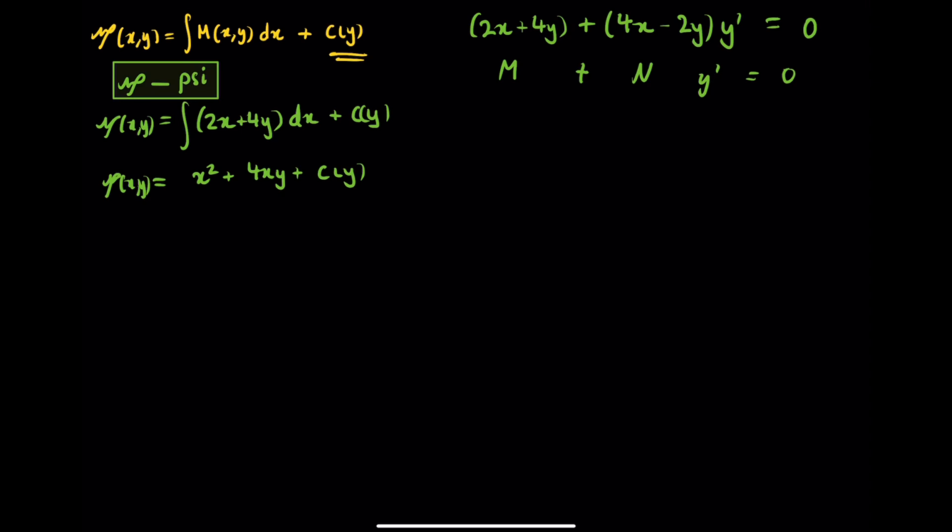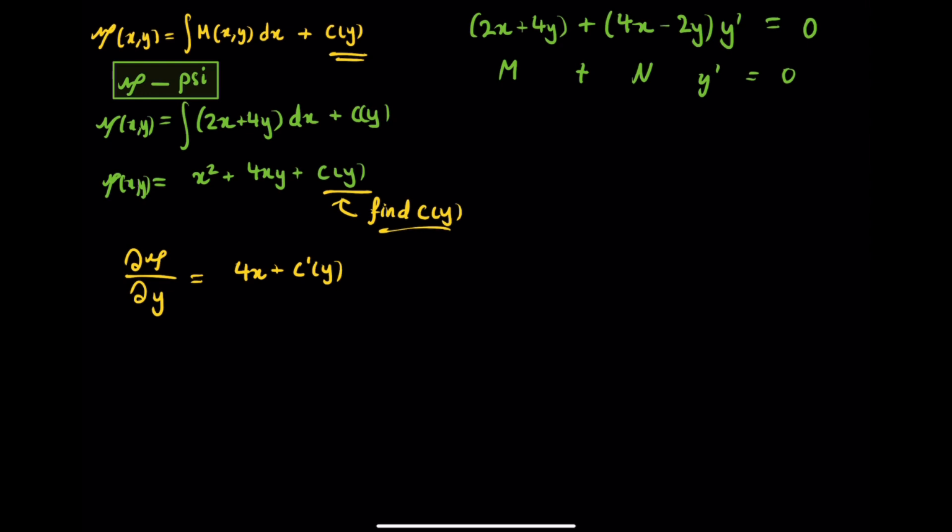And there you go. So now what we have to do is find c(y). How do we find c(y)? Well, let me remind you. We take the partial derivative of psi that we just found with respect to y. The x squared goes away, and we're just left with 4x plus c prime of y.